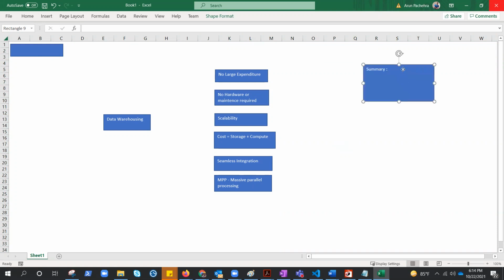The very first thing is what is data warehousing, then why cloud. We also talked a little bit about ELT and ETL. We will get into this process in detail in the upcoming videos, which is very important from the architecture perspective, also for discussions with customers, and in order to understand the actual process.